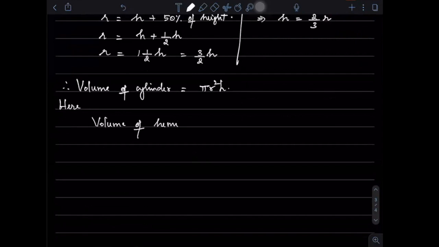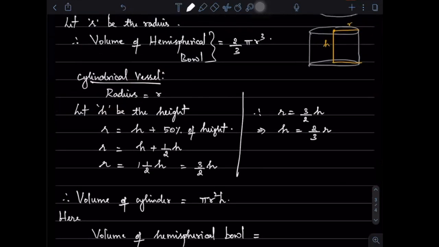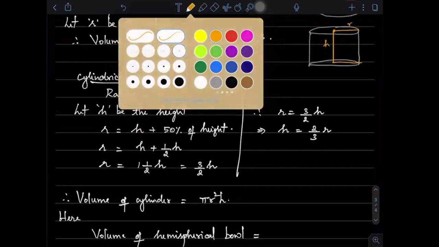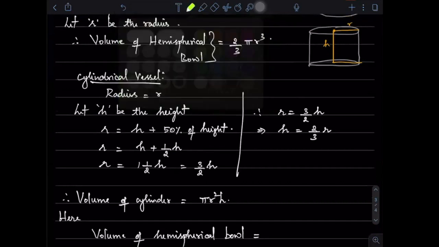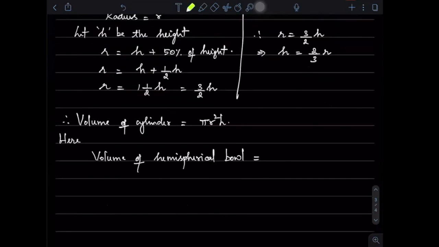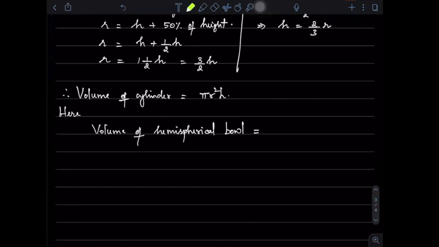Volume of the hemispherical bowl: I already got this, it is my first equation, 2 by 3 pi r cube.